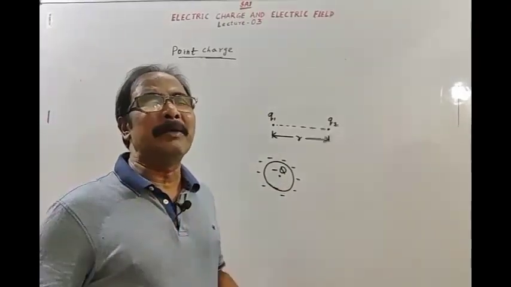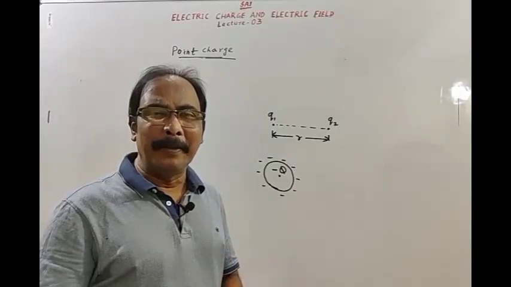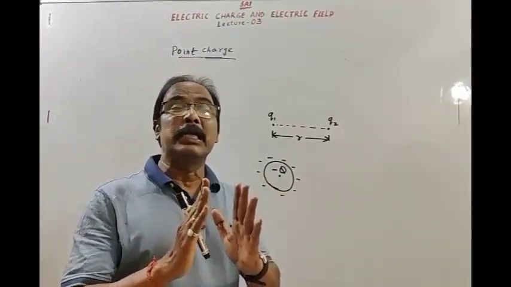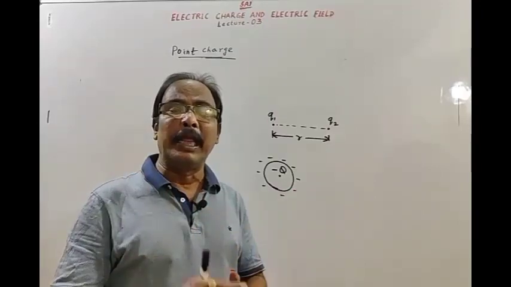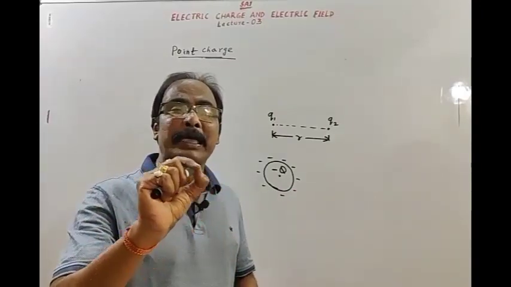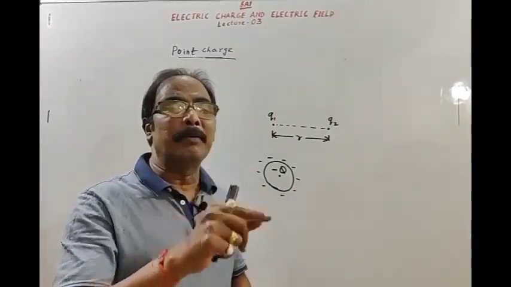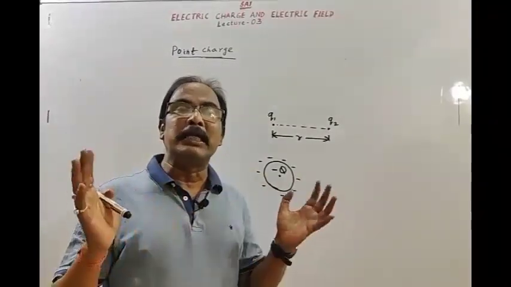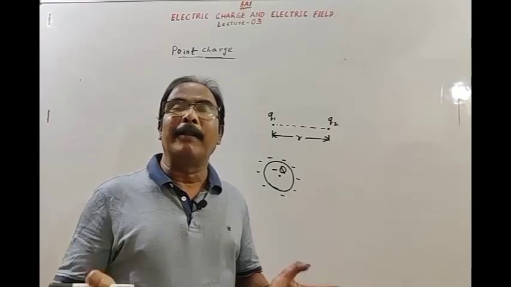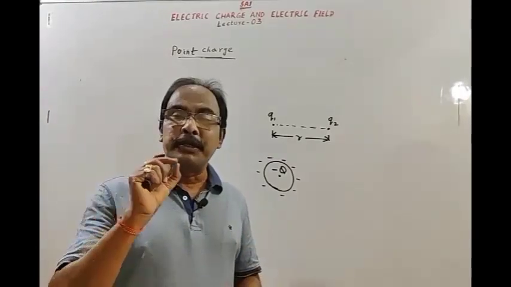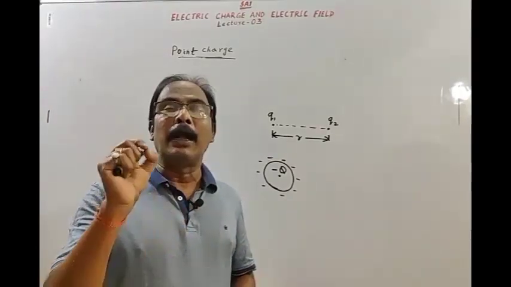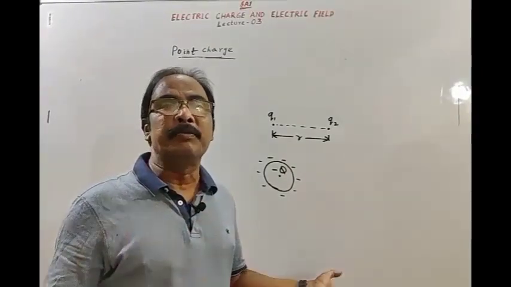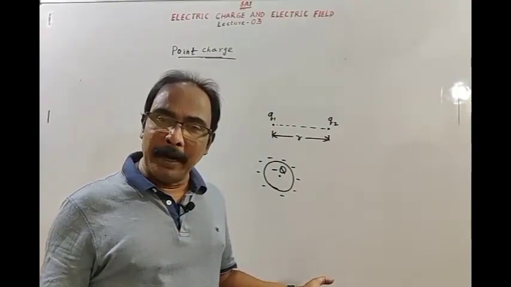If charge is given to a regular body, then the total charge given to the body may be assumed to be concentrated at the geometric center of the body, which may be treated as a point charge.